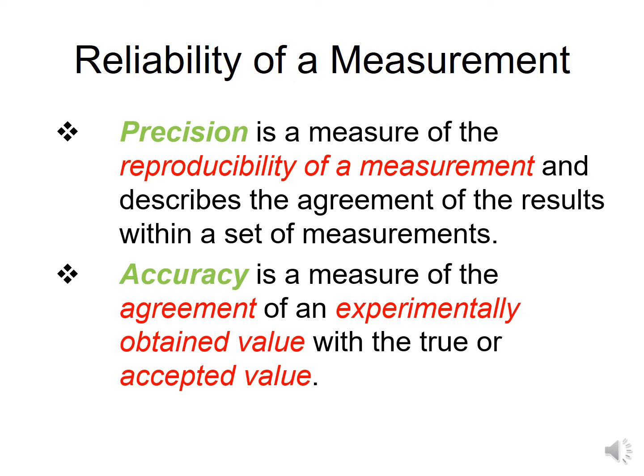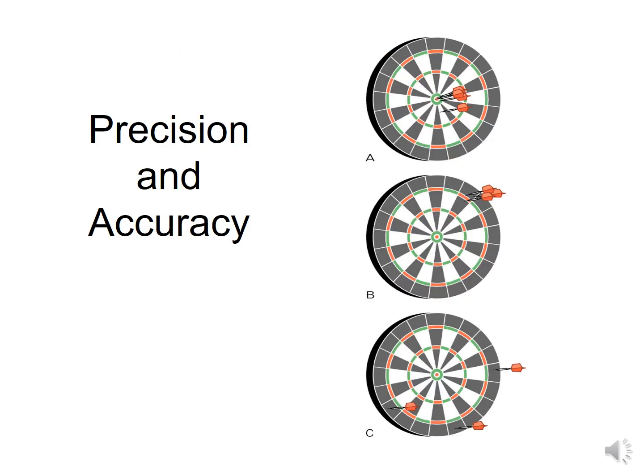Accuracy is not always available because in science very often what we're trying to measure or find out is not really known, and therefore there can be no accepted value. The precision can always be measured simply by seeing how reproducible a measurement is. Here is an analogy in which we look at a dartboard with some darts on it.